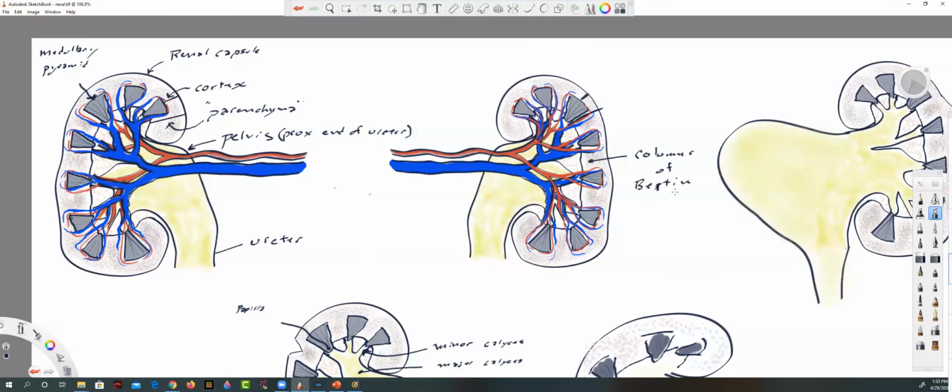All right, B-E-R-T-I-N, columns of Bertin. And so basically, that's a column of Bertin. This is a column. I guess at the tip is a column too. There's a small column there. This is a column. All of them technically are columns, just simply because they're kind of placeholders. They're structural, physical structures that hold the kidney all in place.